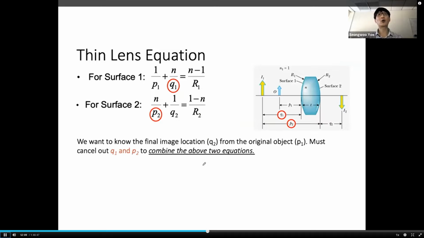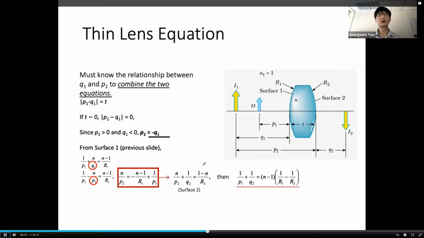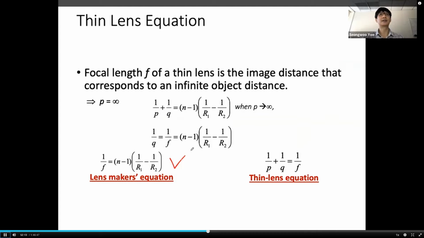Then you combine those two equations, which leads to the Lens-Makers equation as well as the thin lens equation. It is called the Lens-Makers equation because if you know the index of the glass, then depending on how you shape those two curvatures, you can always adjust the focal length.